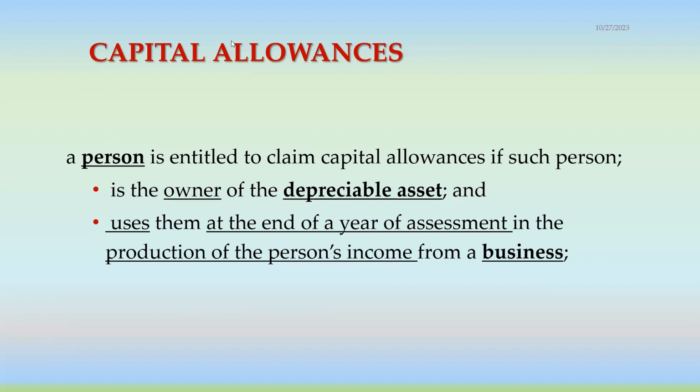That means capital allowances are entirely for deduction under the business source. If it is an investment source, capital allowances are not entitled. If it is a business source, capital allowances can be claimed from that business source. Then the owner and user conditions should be fulfilled.